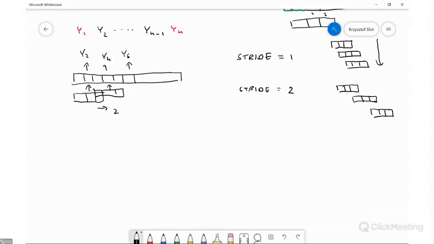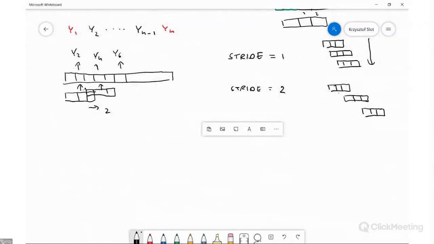One more thing just to conclude. Observe that if I am using a stride of size 2, then my output will have a size that is twice lower, because I will have every second element of the input vector covered.